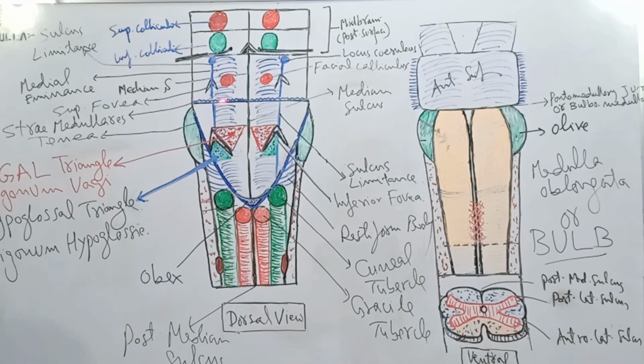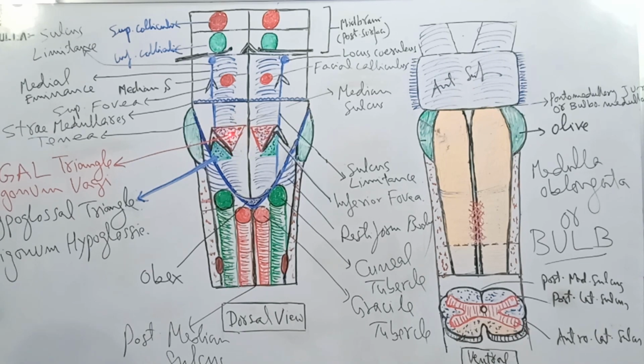So there are some features. One, over the lower part of the sulcus limitans, there is the inferior fovea on each side. Then medial to the sulcus limitans is the medial eminence, one right, one left. Now, superomedial to the inferior fovea, there is a triangular area with the apex directed downward, base upward.